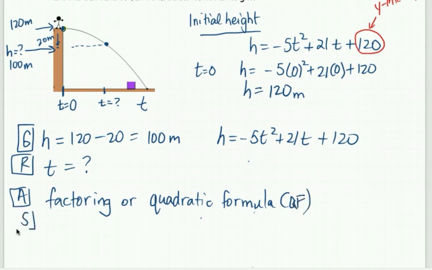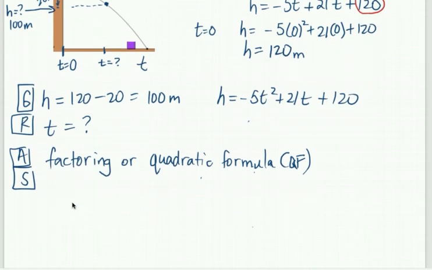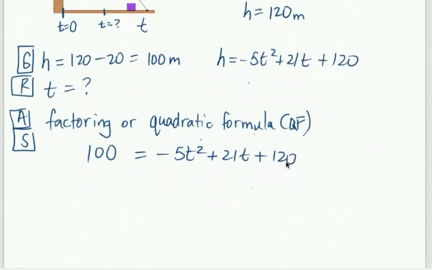So we have our equation here. We know that the h is 100, so we're going to plug the 100 into the equation, and then we're going to go through and find the times that work for 100. Okay, so that starts with getting it solved, so that becomes 0. We're going to move this over.